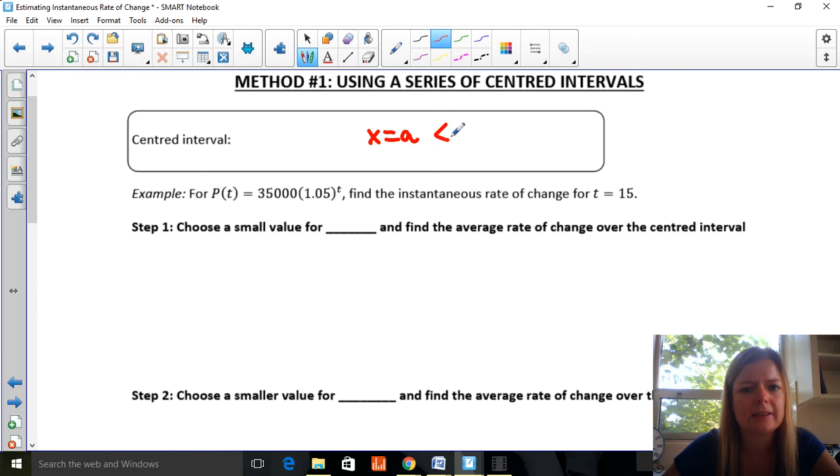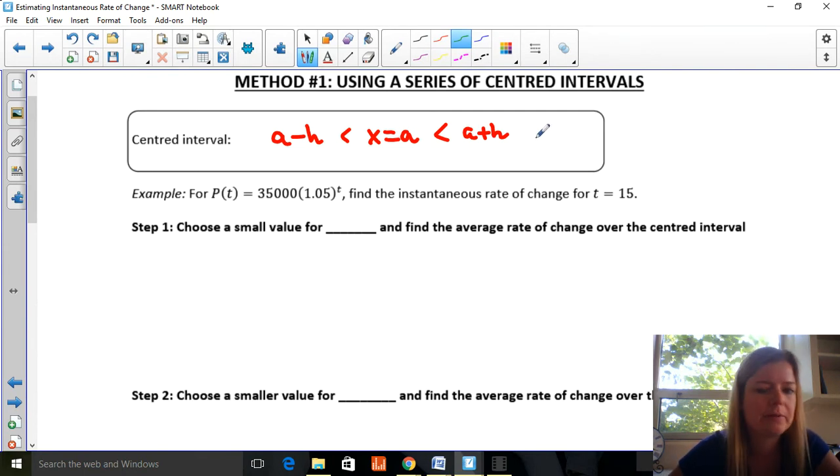It's going to be less than a plus h on one side, but greater than a minus h. So a is the number that's centered, and then we add the same number h and subtract the same number h, so that we have an interval where a is in the middle. But we choose h to be very small.